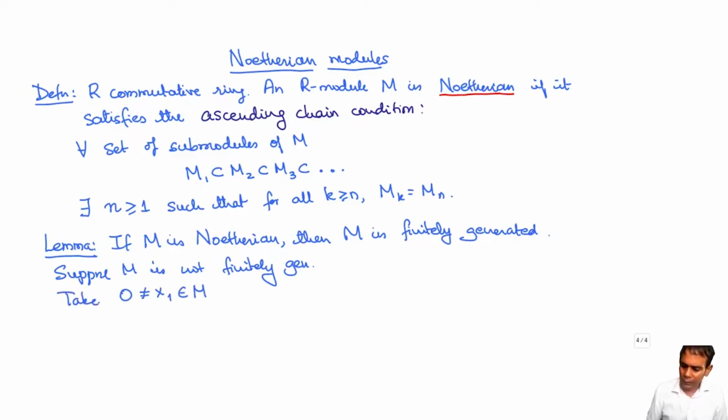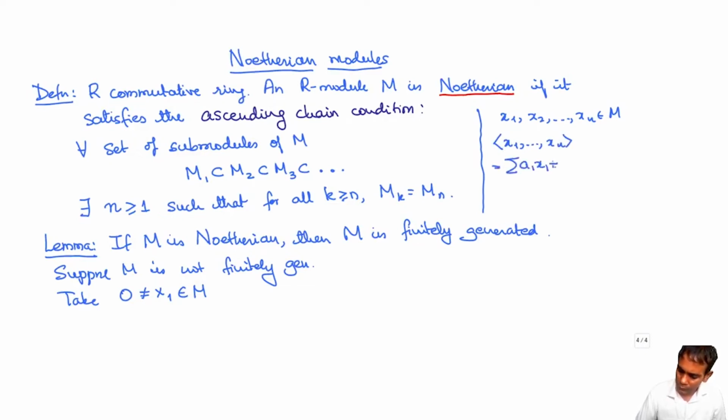Let me introduce some notation over here. Given a set of elements x1, x2, up to xn in M, I will define the angular brackets ⟨x1, x2, ..., xn⟩ to be the set of all elements of the form a1x1 + ... + anxn, where a1 up to an belong to R. This is called the submodule of M generated by x1, x2, up to xn.